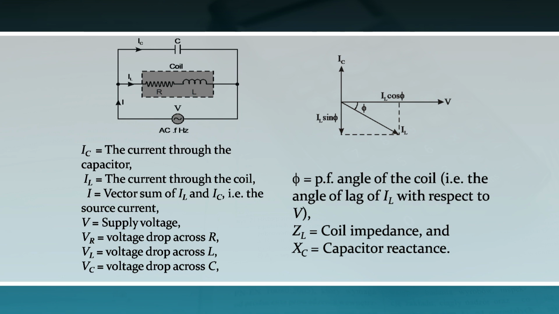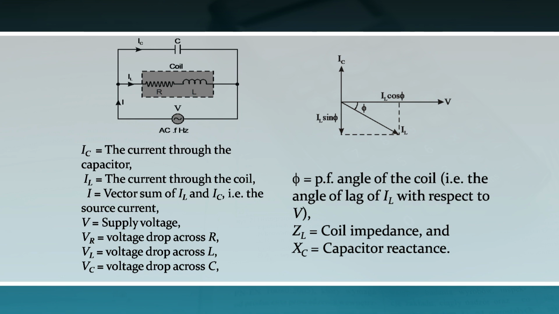In the coil, the current has been shown as I suffix L. That means in this branch there are two elements, resistance and inductance. So of course there will be a current which is lagging in nature, lagging with respect to the voltage V by angle phi. So it is denoted here, IL is lagging with respect to V by angle phi.